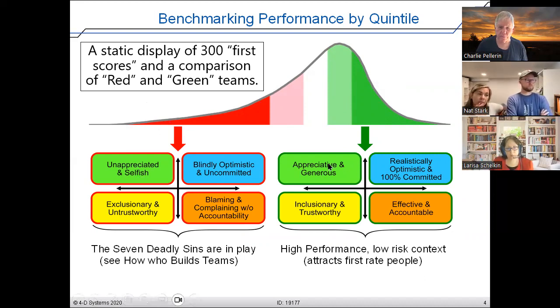And a team where people are appreciative and generous, inclusionary and trustworthy, realistically optimistic and 100% committed and effective and accountable, that would be a higher performing team. I think this is obvious. To me it is. And so hopefully that gives you some intuitive sense of how the scoring works.